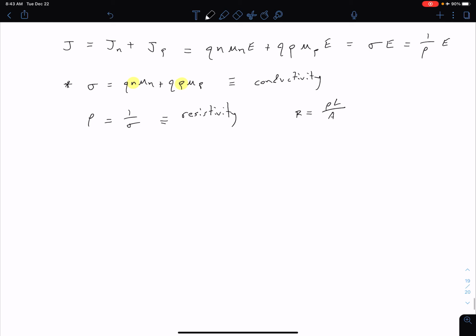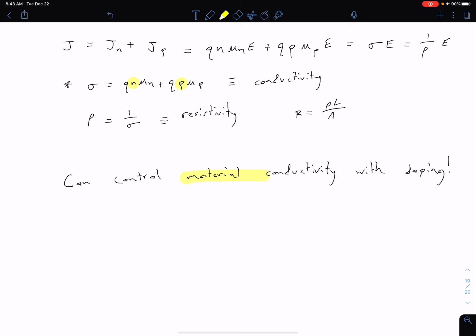So what this means is that we can control our material conductivity, in other words, how well it conducts, with our doping process. So that's a pretty cool thing. And what we're going to see is using this and combining different areas and taking advantage of certain natural phenomena, we can create a lot of cool electronic devices.